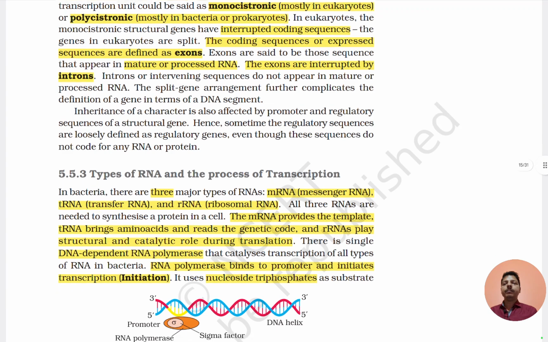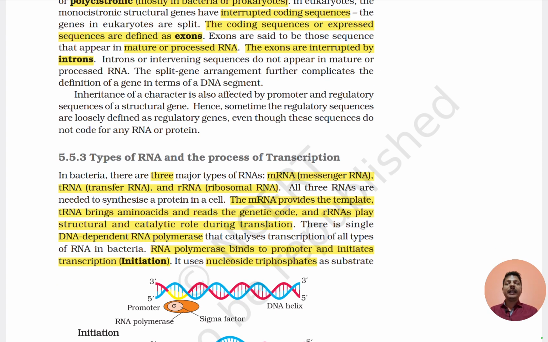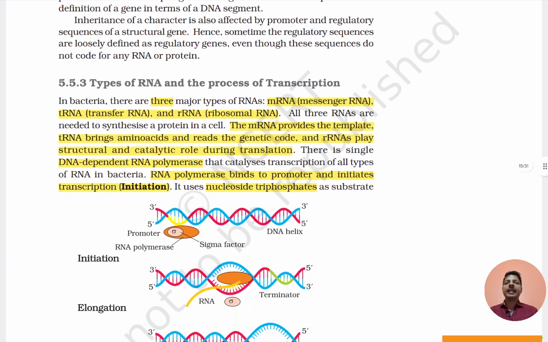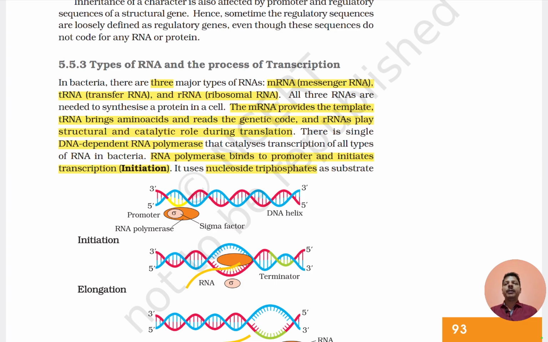And then, inheritance of a character is also affected by promoter and regulatory sequences of a structural gene. Hence, sometimes the regulatory sequences are loosely defined as regulatory genes, even though these sequences do not code for any RNA or protein.